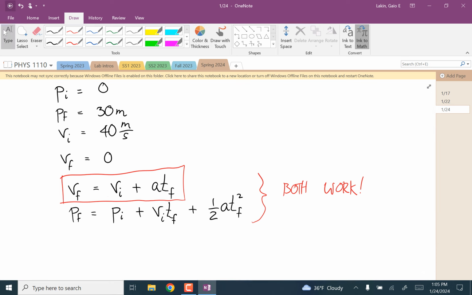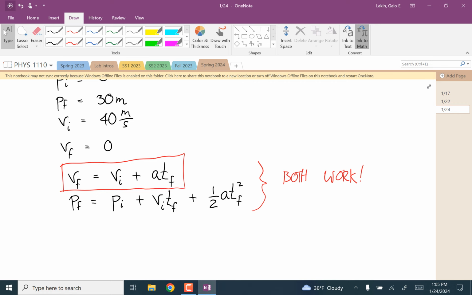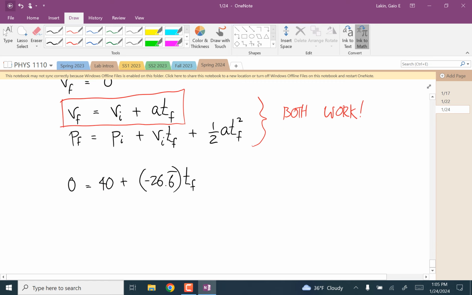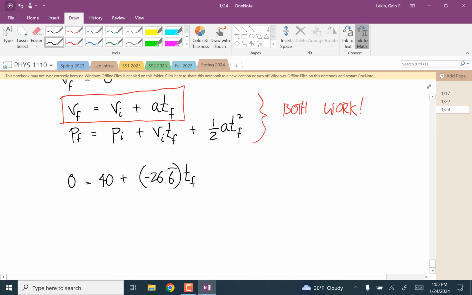And so I'll plug in these values. This time, I'm not going to keep the units. So VF is 0. VI is 40. Acceleration is negative 26.6 repeating times time final. I'll subtract 40 from both sides.